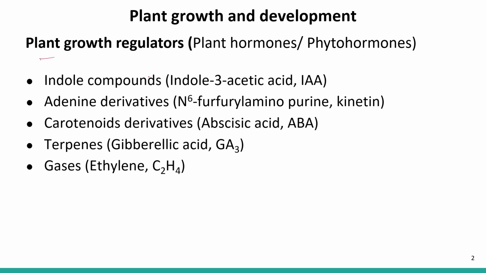Now, you already know that plant growth regulators or plant hormones are of 5 types. First are the indole compounds. Indole compounds have indole group as a parent nucleus. Example is indole 3-acetic acid. Then we have adenine derivative. What is adenine? Adenine is a nucleotide, or adenine is a nitrogenous base.